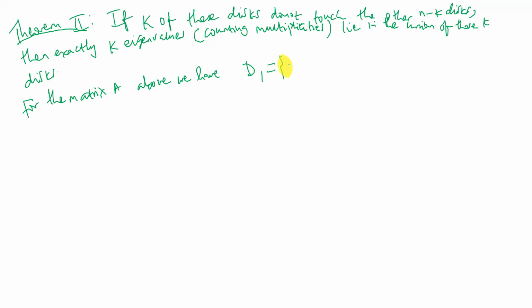Right, so we have disk 1, for example, for the matrix A. What would disk 1 be? So disk 1 will contain all the complex numbers z such that z minus, okay, let's look at the matrix A.